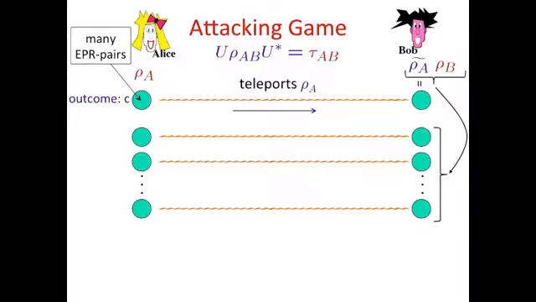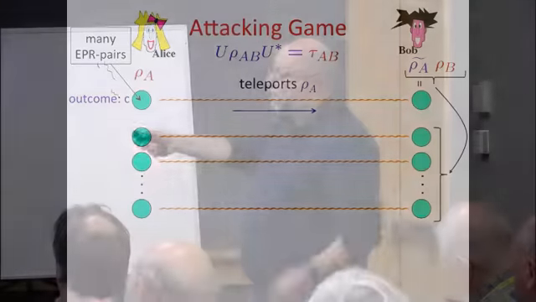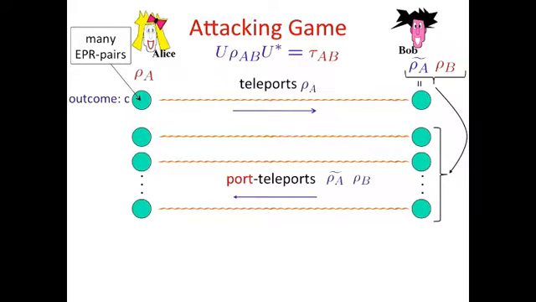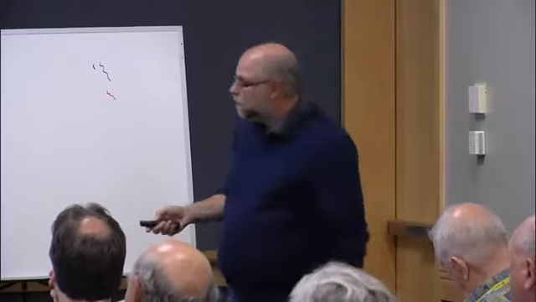And now Bob, who has in his hands this encrypted version of rho A and the input rho B, port-teleports this system back to Alice, using many EPR pairs.